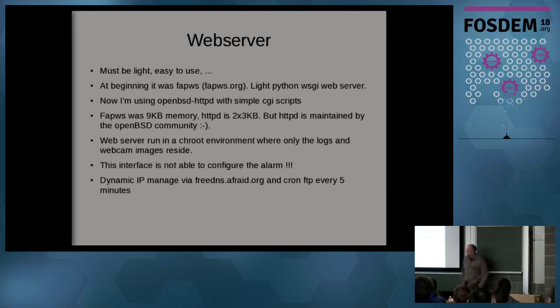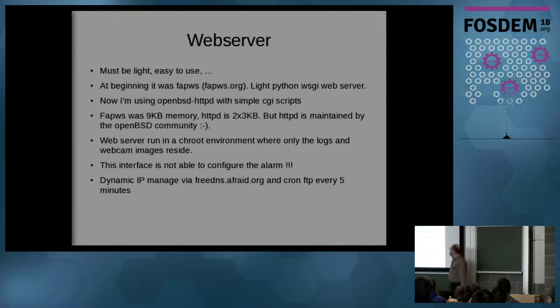For the web server, at the beginning I was using a small program called FAPWS, which is a kind of Python library, which allowed me to easily display some elements. I'm now using the HTTPD provided by OpenBSD. It's light. One of the key elements in all this project is to have something which is light, because the board is quite small.